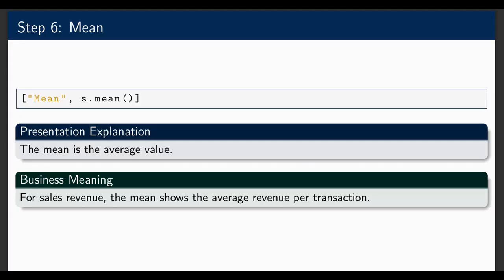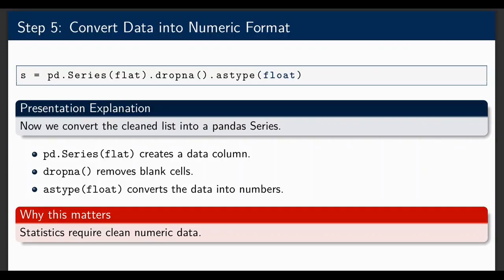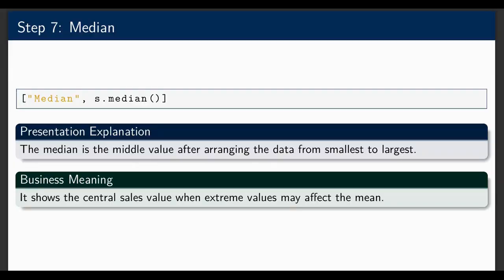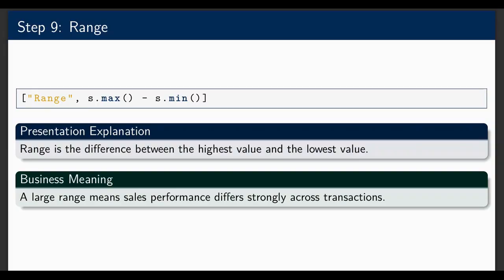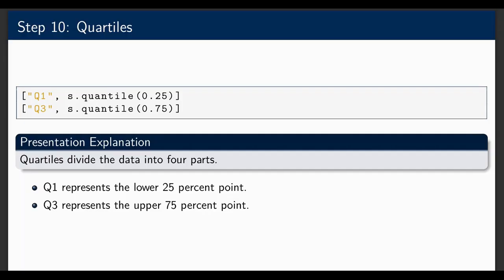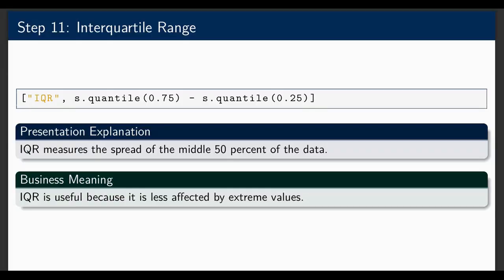Then you see the link between our codes. This is for median, this is for mode. The range, we know, is the difference between max and min in the dataset. We have the quartiles, and the interquartile range, the difference between the third quartile and the first quartile.